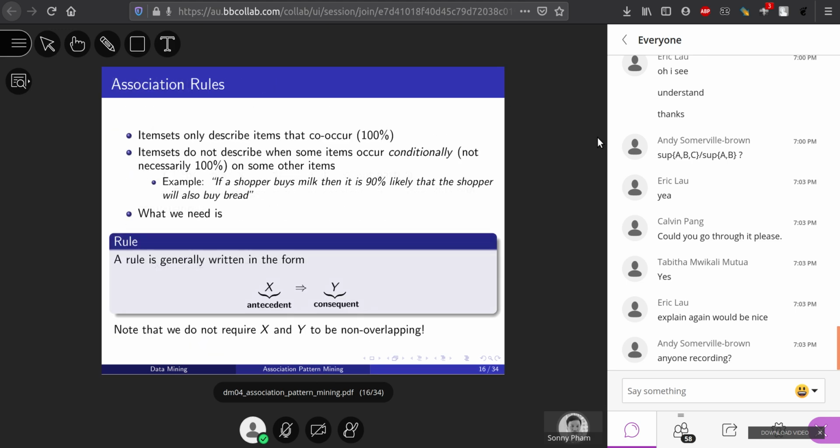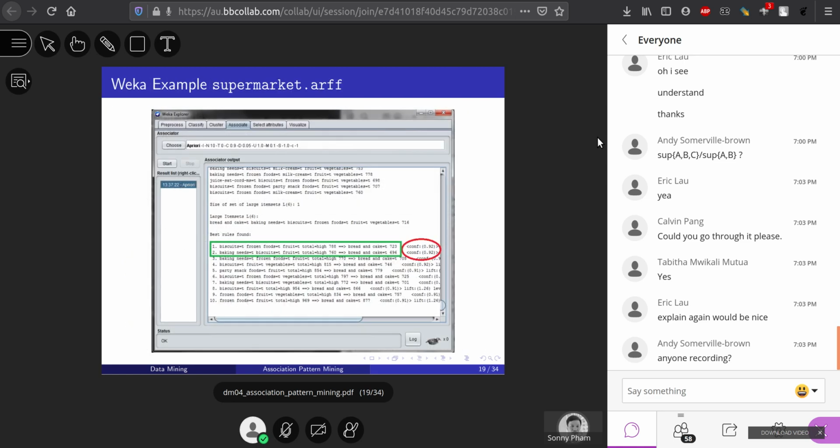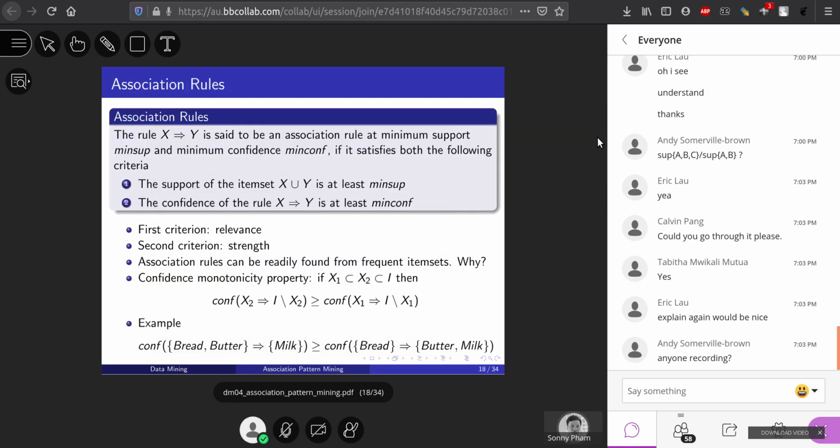But now we have the association rules, right? So what we are trying to establish in this case, to put it easier, look at the example. We have bread, butter, and milk. So we have 3 items. From a supermarket point of view, for example, they are interested in 2 possibilities.